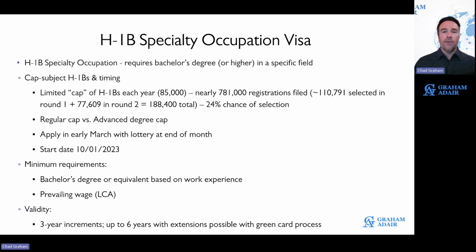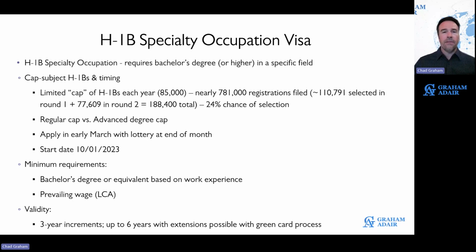But part of making it easier means that they're getting a lot more registrations. So this year, for example, there were almost 781,000 registrations, and USCIS selected nearly 111,000. The reason they select above the 85,000 is because they're anticipating duplicate filings, cases that will be rejected, and cases that will be withdrawn.